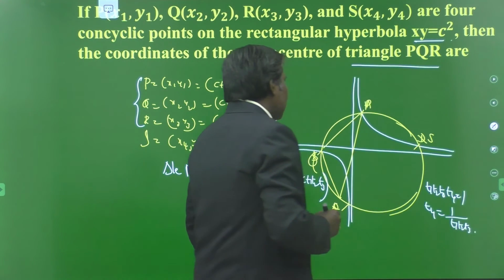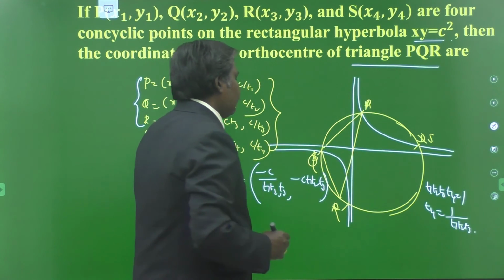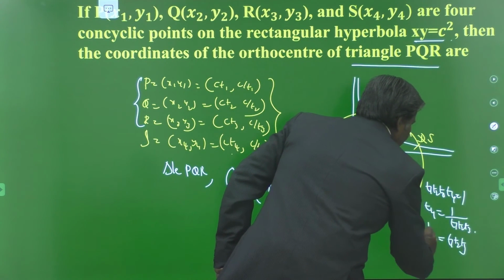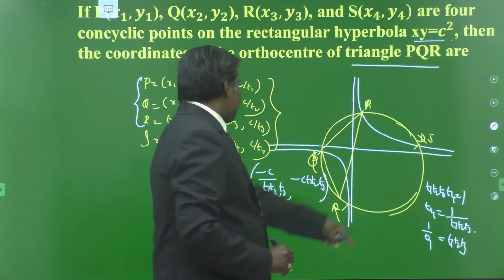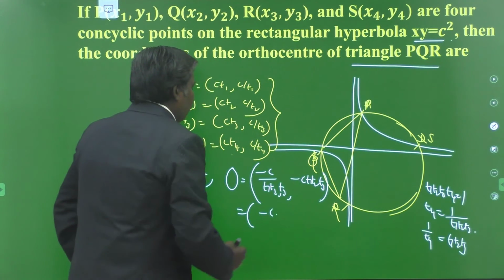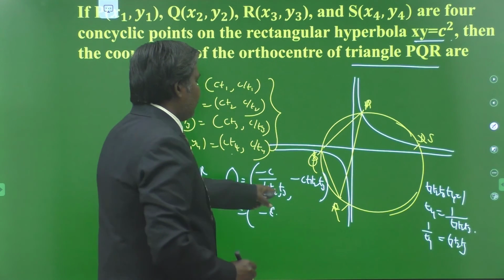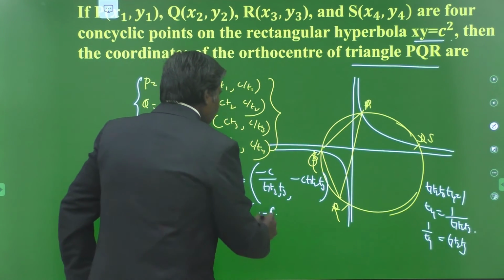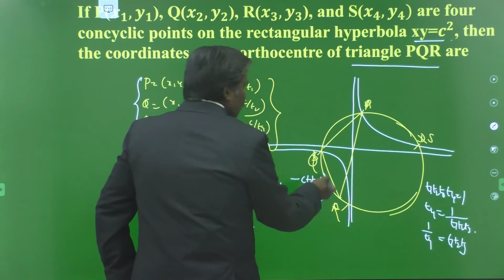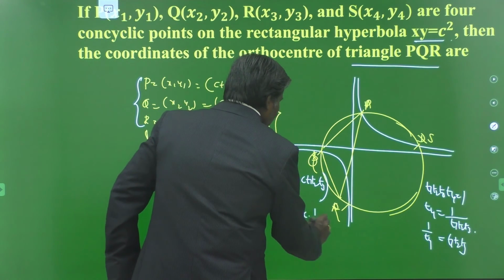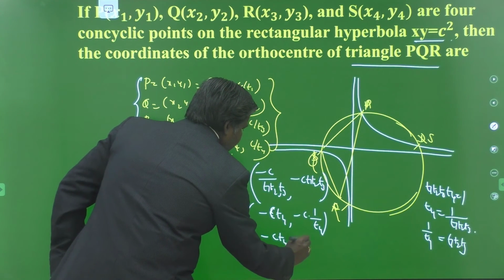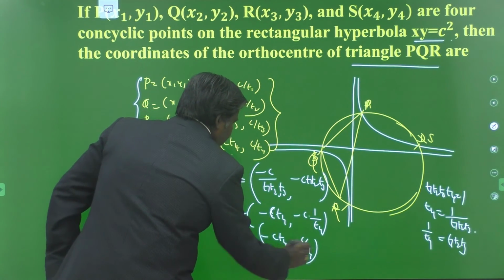So replace t1t2t3 by 1/t4. You just substitute the values here itself. Minus c into 1/(t1t2t3), that is t4: (-ct4, -c t1t2t3), and t1t2t3 is 1/t4. So clearly, (-ct4, -c/t4).